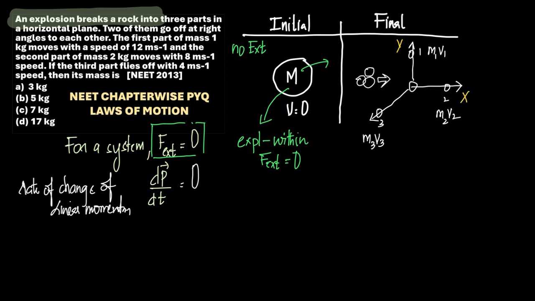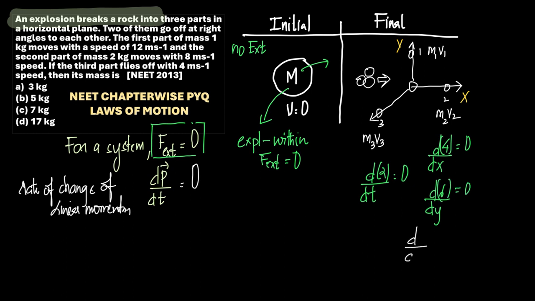Simple. See, d by dt of 2 is equal to 0. In the same way, d by dx of 4 is also equal to 0. d by dy of 6 is equal to 0. Or in other words, the rate of change of a constant is equal to 0.